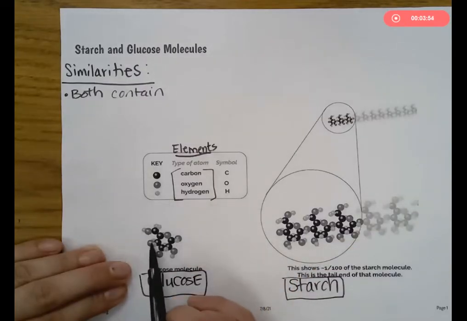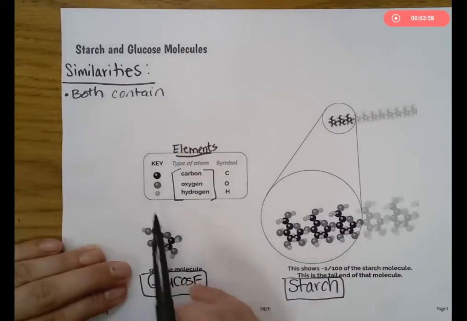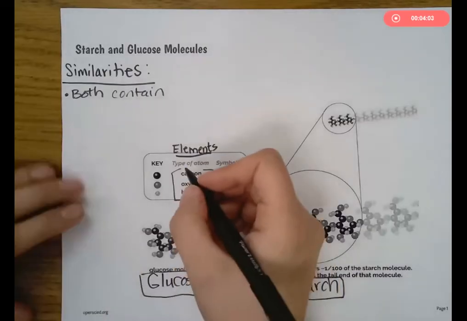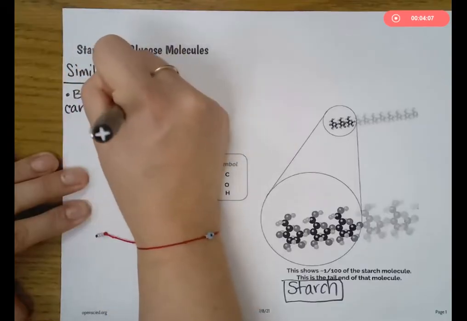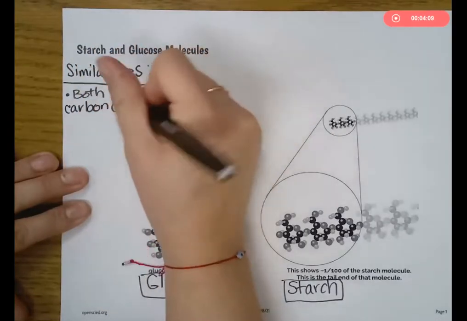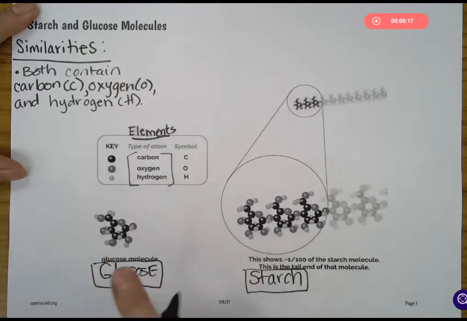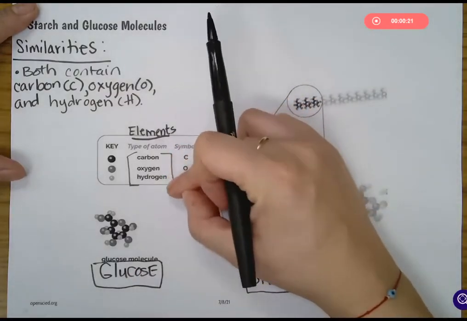Oxygen, I see oxygen, oxygen. Hydrogen. So they both contain carbon, oxygen, and hydrogen. So both glucose and starch have all three of these elements.